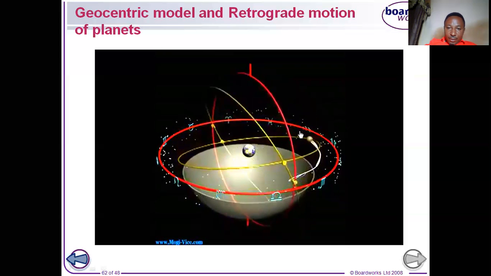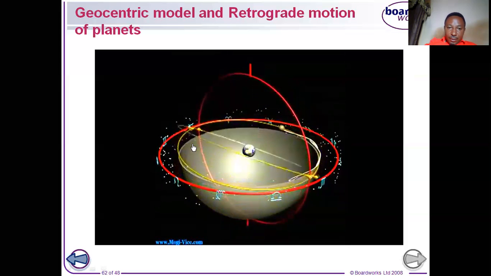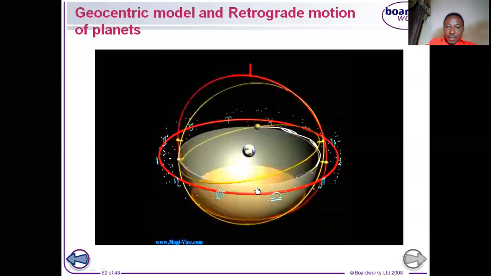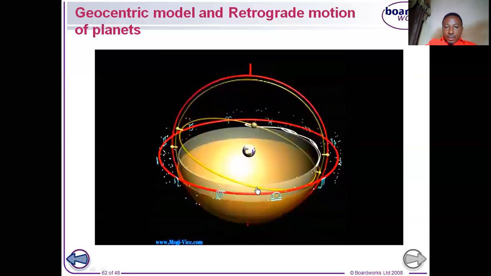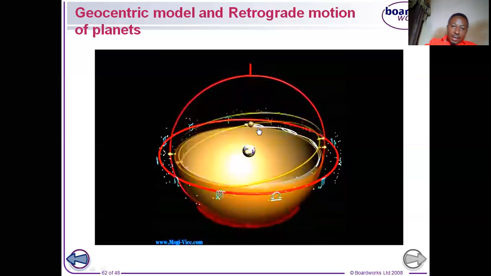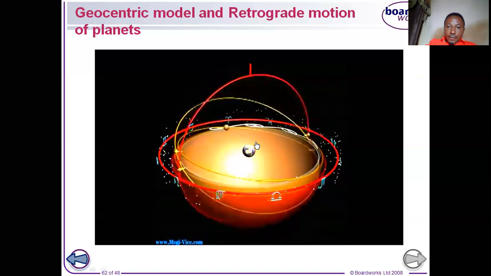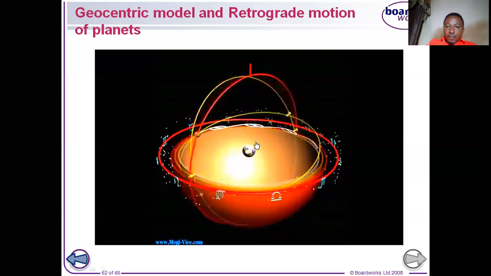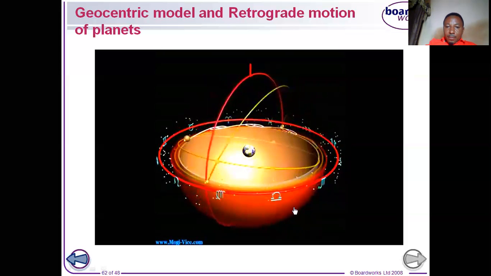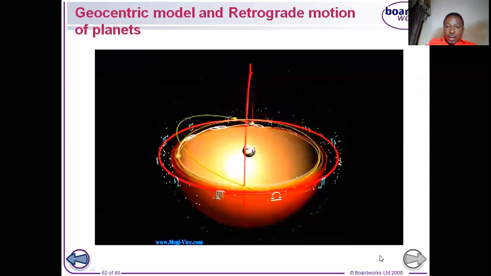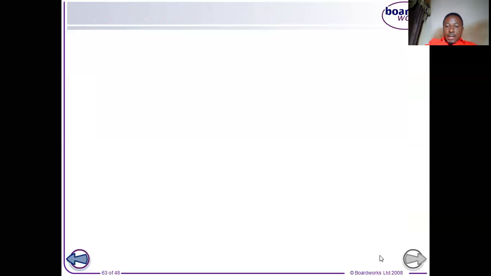This is the orbit. It's actually following its orbit, and the orbit is constantly changing, but at the same time it's going back and forth like that. You see it. Now, this is an idea of how a geocentric model looks like.